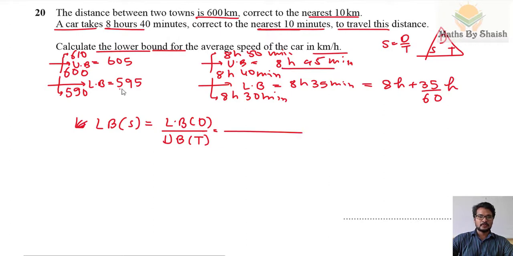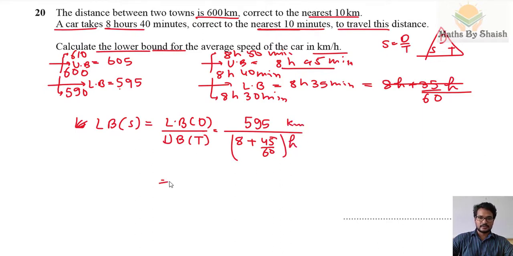So the lower bound of distance is 595, and the upper bound of time is 8 hours and 45 minutes. So 8 hours plus 45 over 60, then it becomes complete hours, and the distance is in kilometers. So we will solve this now. 595 over 8 plus 45 over 60, which is 35 over 4.